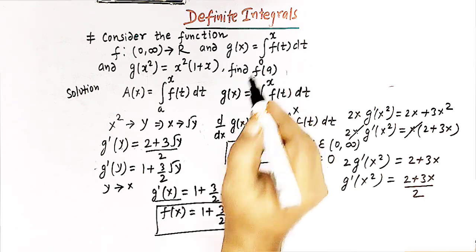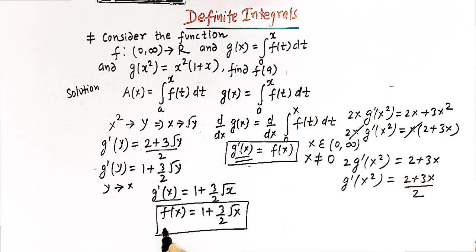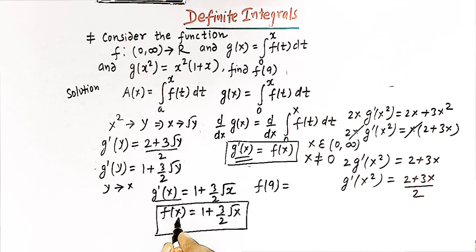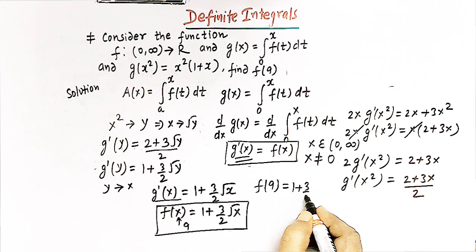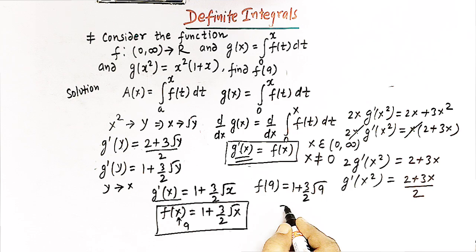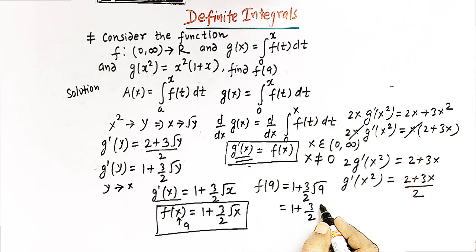Now we can easily calculate the value of f of 9. f of 9 can be obtained by replacing x by 9. So we have 1 plus 3 over 2 times square root of 9. The square root of 9 can be taken as plus or minus 3.